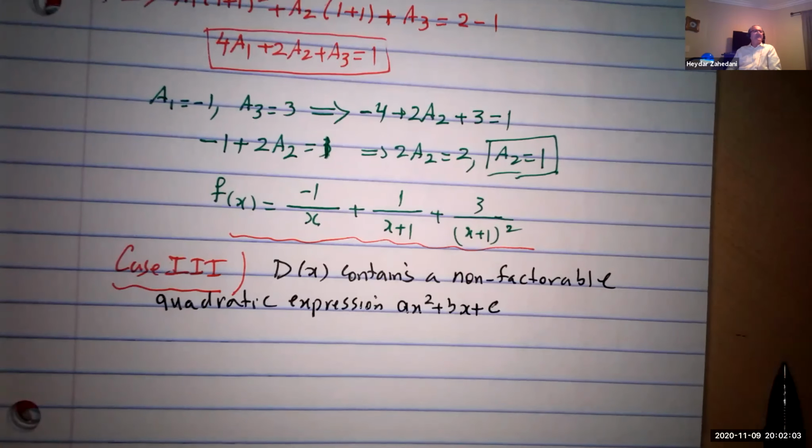So one of the denominator factors would have this one over here.